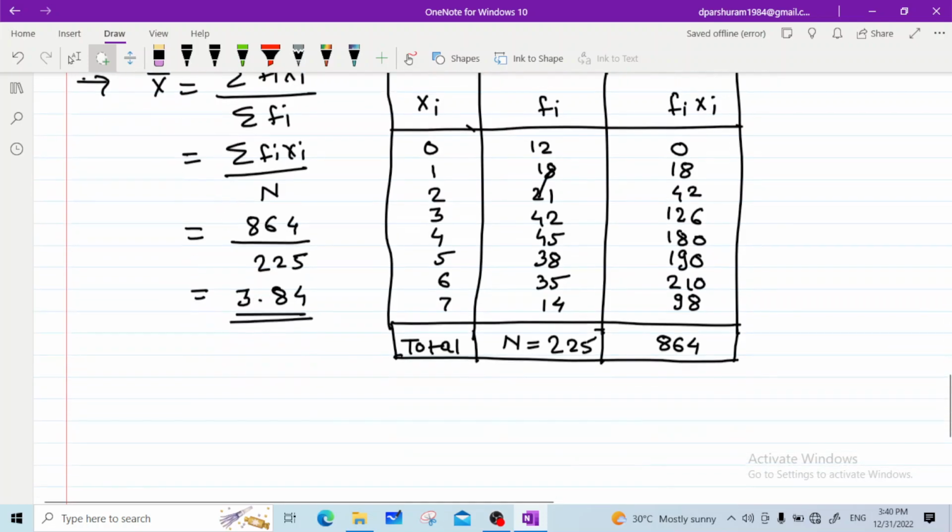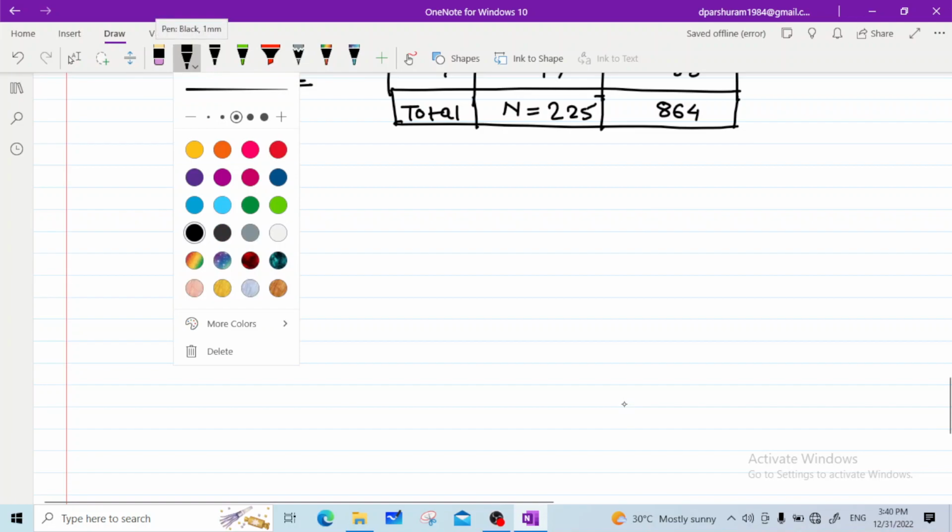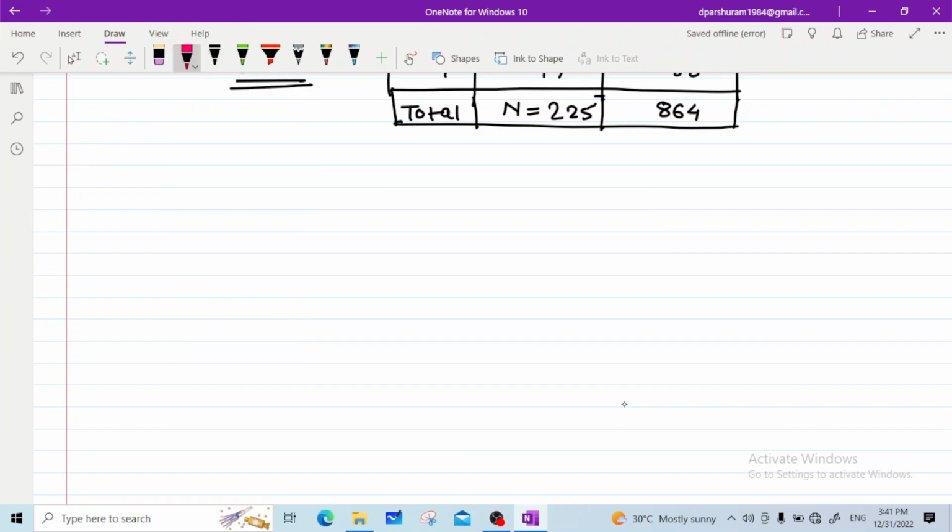Now we solve the next example. Third, calculate the arithmetic mean of the marks from the following. There are given marks and their respective number of students.